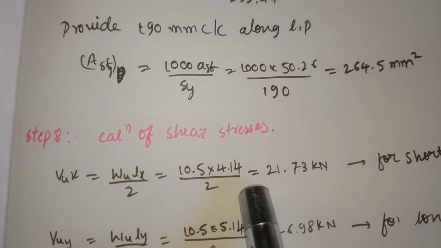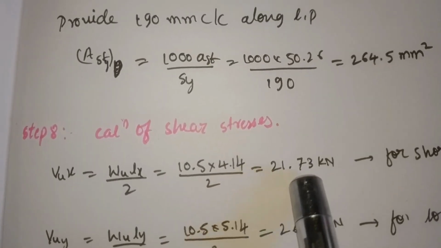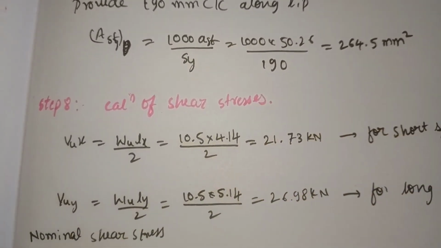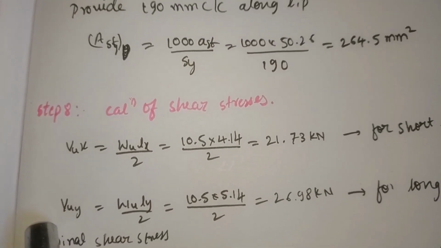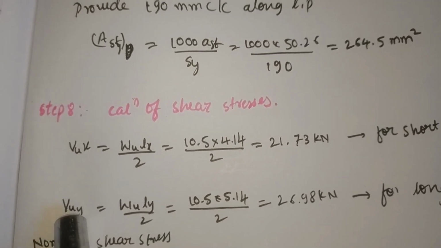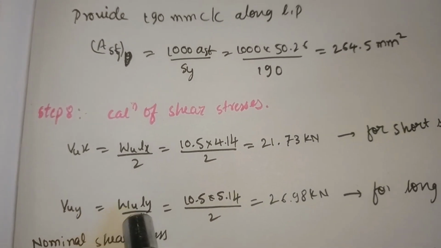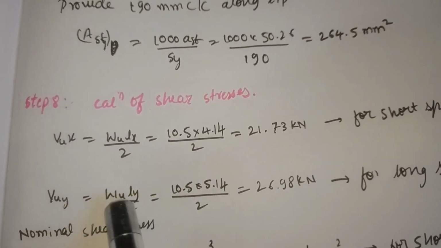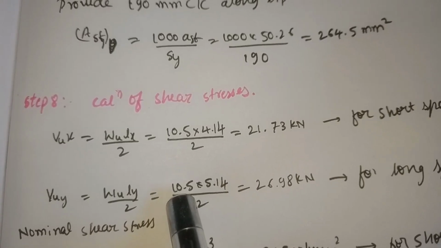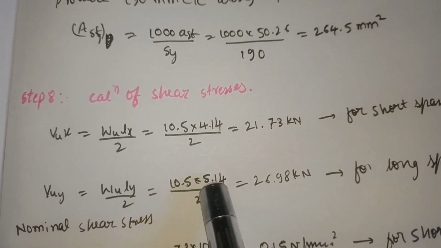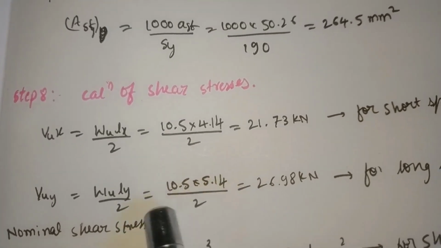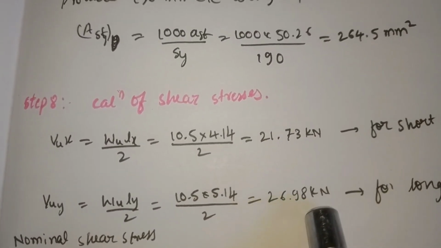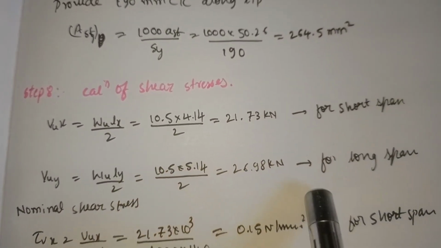By simplifying, it will come out as 21.73 kilonewton for short span. Now shear force for longer span, we have the formula Vuy is equal to WuLy divided by 2. So Wu was 10.5 into Ly value is 5.14 divided by 2. By simplifying, it will come out as 26.98 kilonewton. This is the value for longer span.